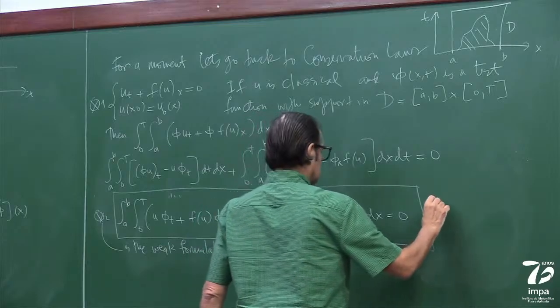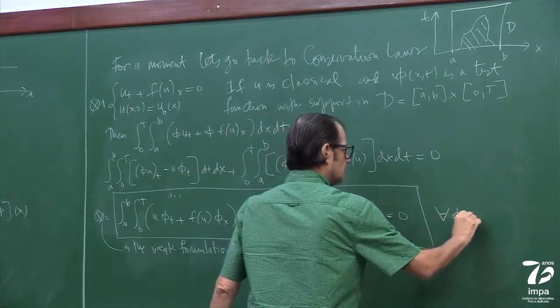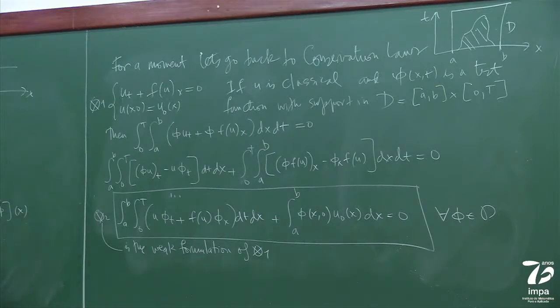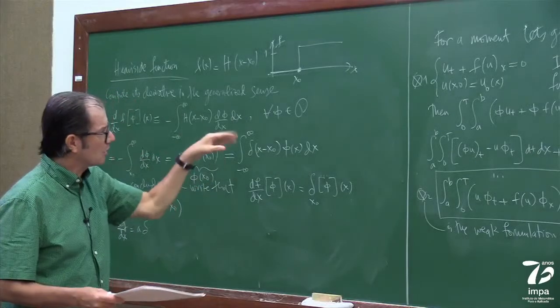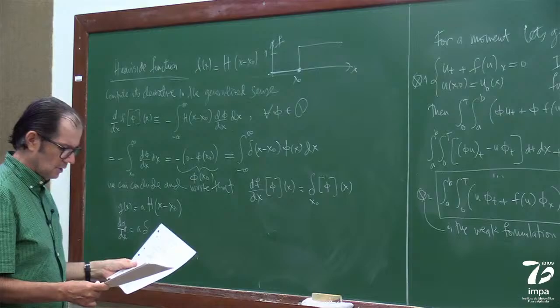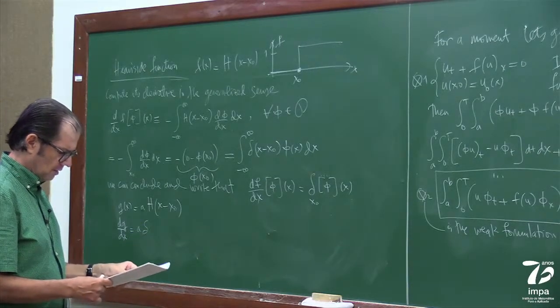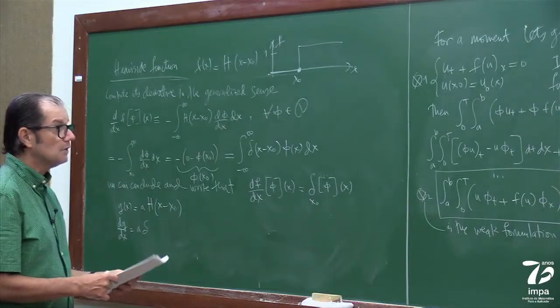Oh, I have to put here that this is satisfied for all test functions, right? Needless to say. And actually, from this formulation, because it looks very similar, one can also recover, for example, the Rankine-Hugoniot condition we had for the speed of the shock and so on, manipulating with these things, just as a comment. Okay, now let me go back to Green's function.